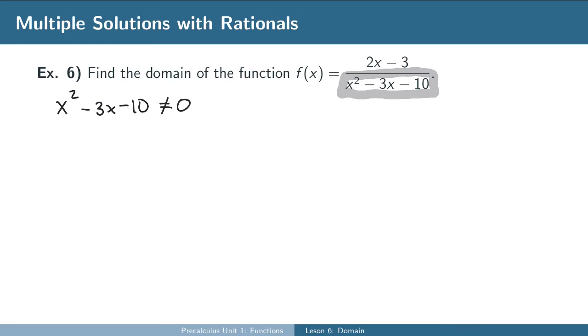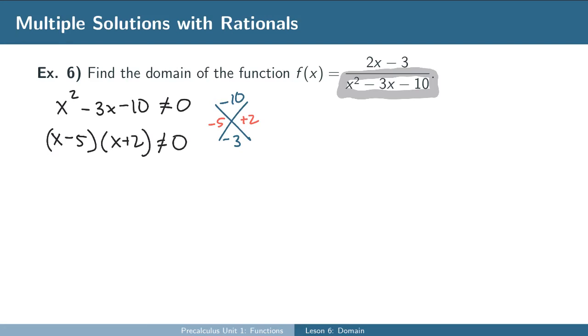Now this is a quadratic, and in order to solve a quadratic, I'm going to need to either use the quadratic formula or see if I can do some factoring. What multiplies to negative 10 and adds up to negative 3 would be a negative 5 and a positive 2. So this polynomial, x squared minus 3x minus 10, will factor to x minus 5 times x plus 2.